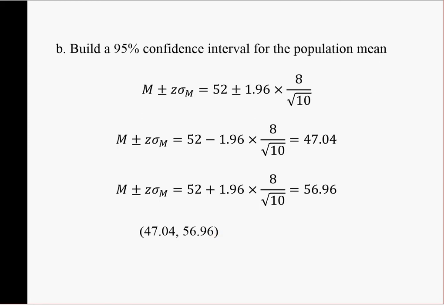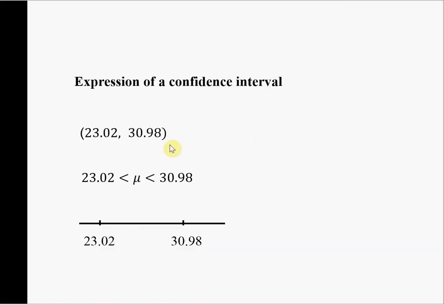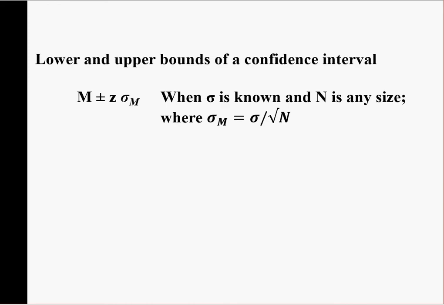So come back to this slide. We just showed two examples of how to build a confidence interval with z-scores. Now, let's summarize what we learned. We learned how to build a confidence interval using z-scores.